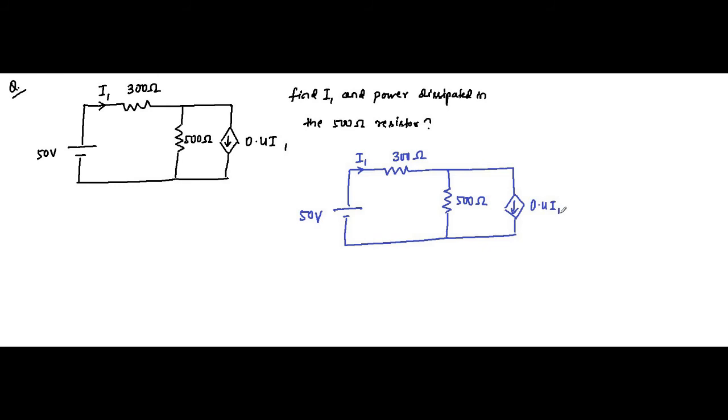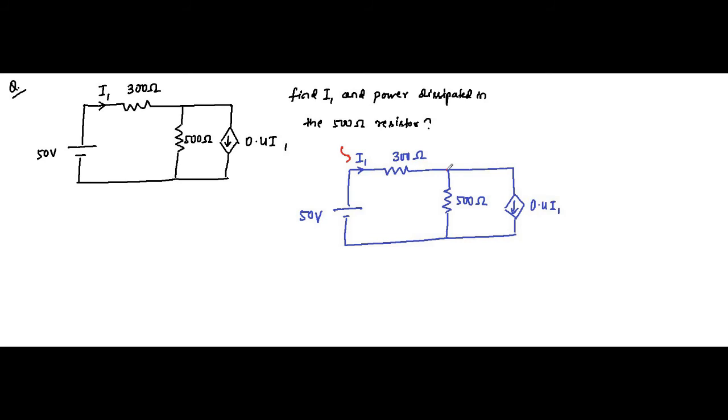Here our first objective is to find this current I1 and then the power dissipated by the 500 ohm resistor. For that we have to find the current flowing through this 500 ohm resistor.